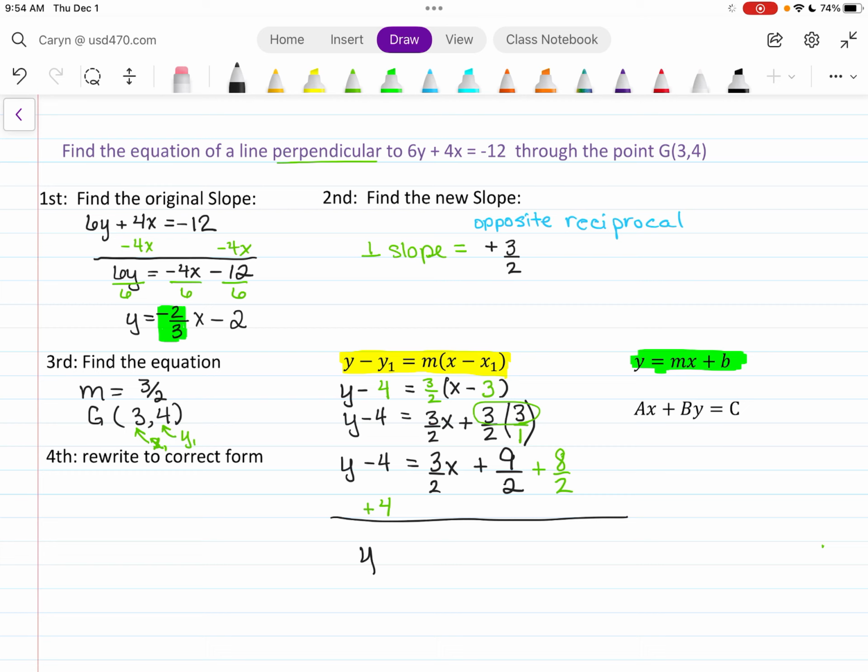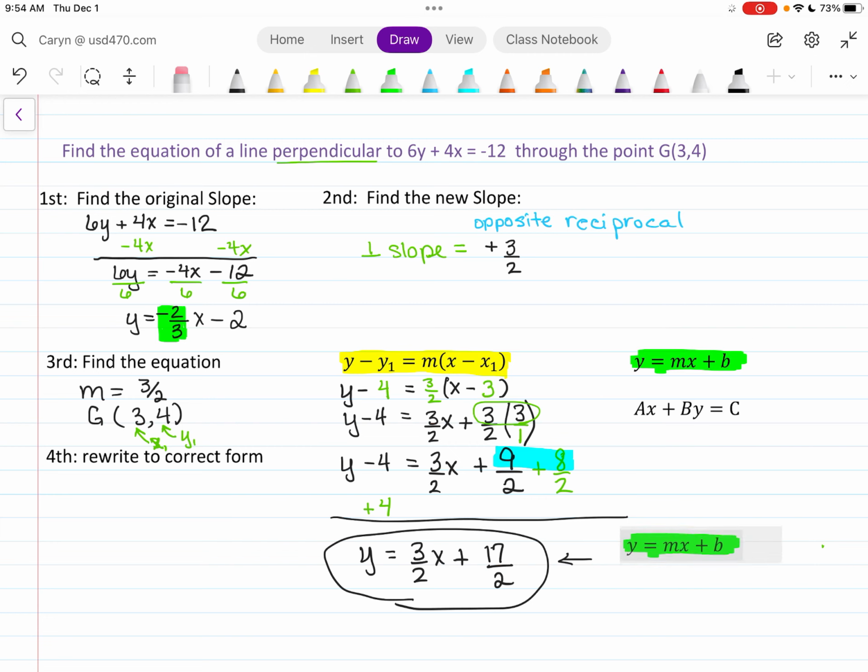Now I get y equals 3/2 x. Now when you add fractions, you add the top, so that gives me 17, and I keep the bottom, so 17 halves. So this is our equation, and that equation is in slope-intercept form.